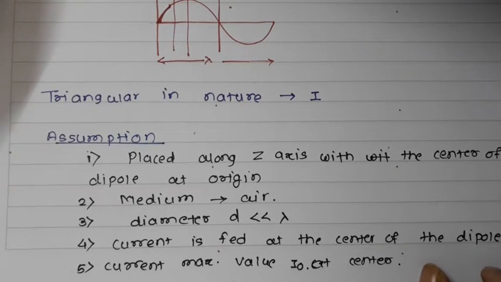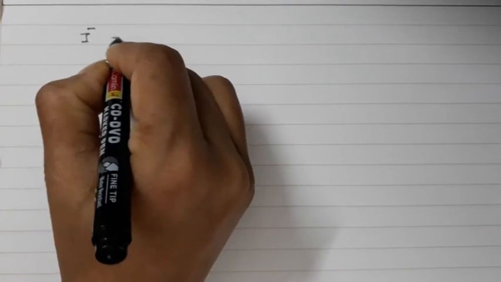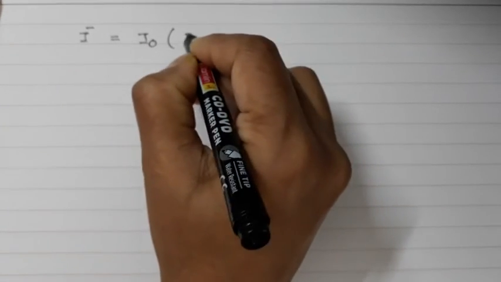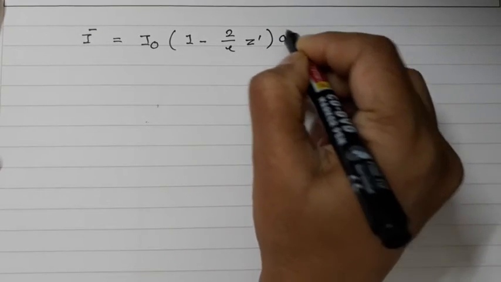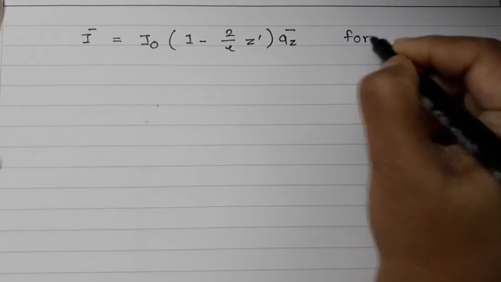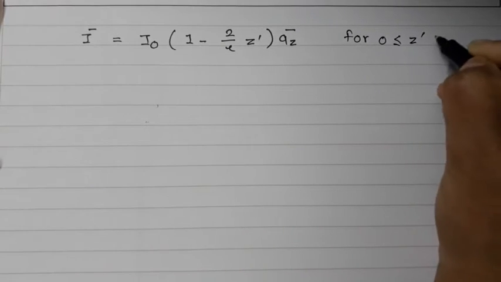So if we are interested in writing the expression for this particular current, as the assumption is that the current is triangular in shape, with the maximum current at the center decreasing linearly to 0 at the ends of the dipole, your current equation will be this one. I is equal to I0 times (1 minus 2 by L times z dash) a z bar for 0 less than or equal to z dash less than or equal to L by 2.